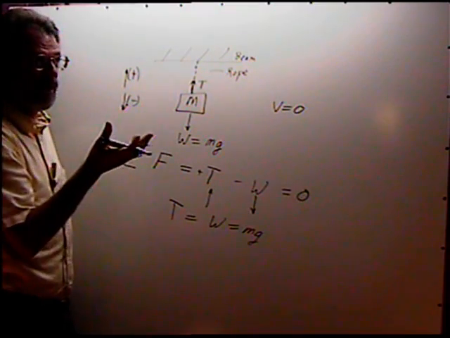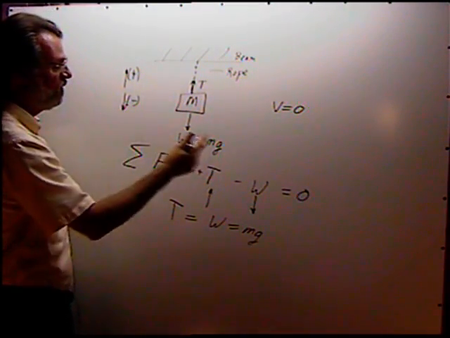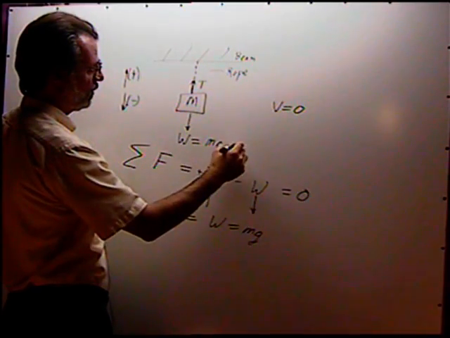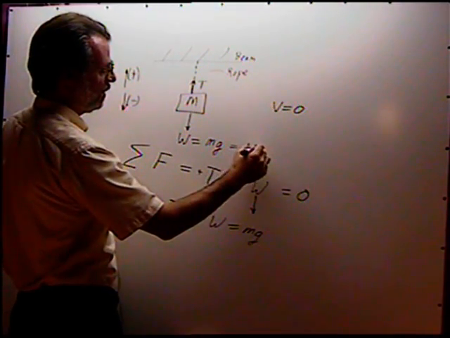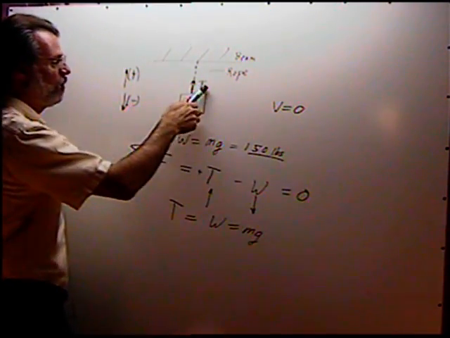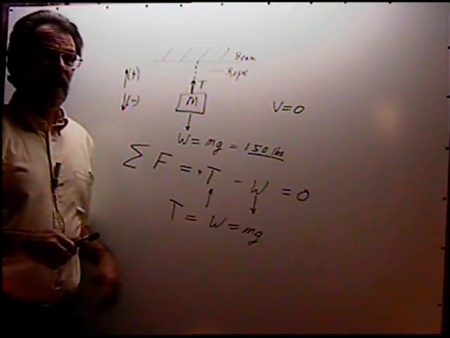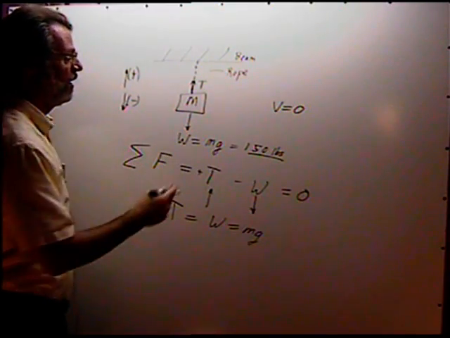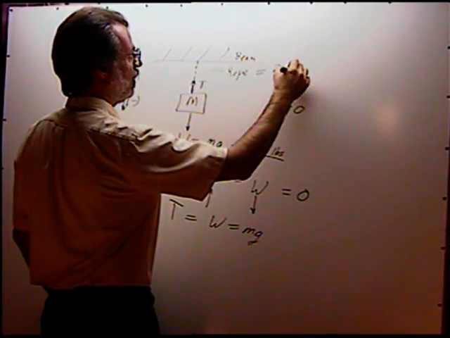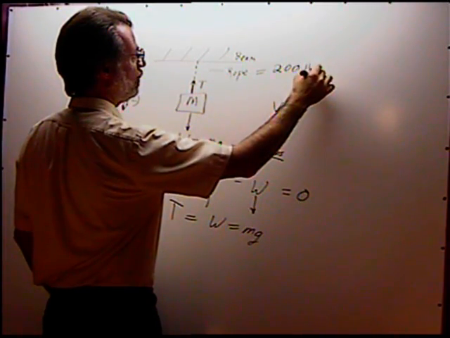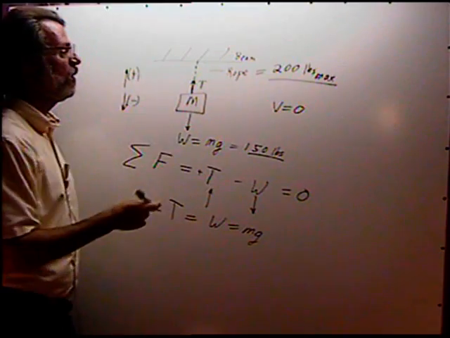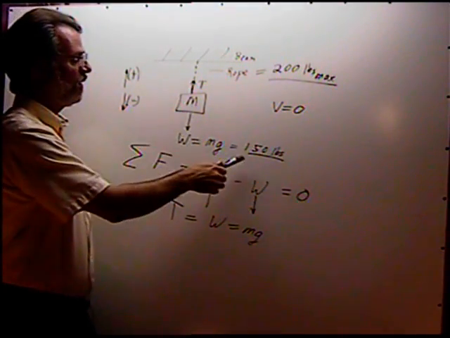So think of a practical example. Suppose the rope is holding a person, and the person weighs 150 pounds, and suppose the rope has a weight limit of 200 pounds maximum. We know that the rope can safely hold this person.